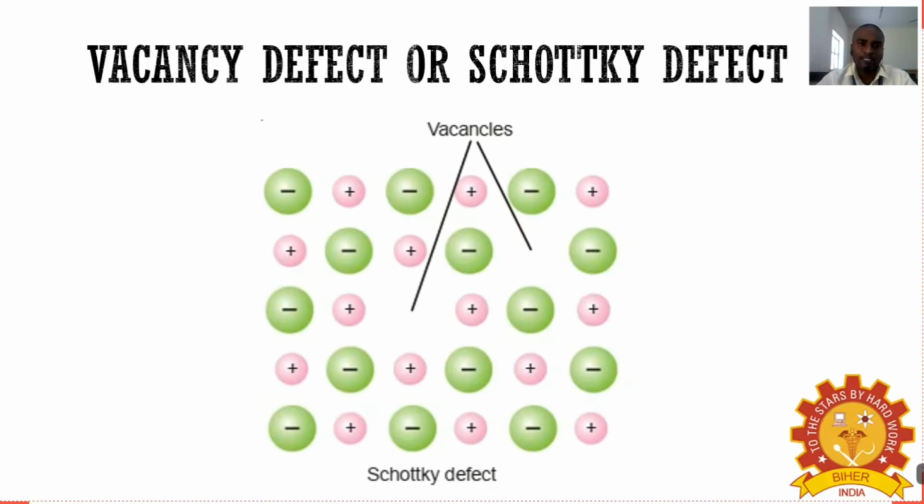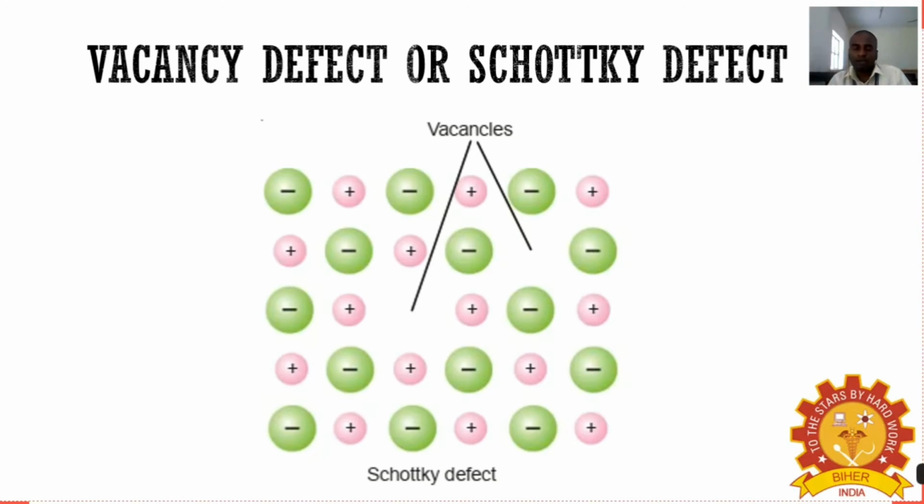At first, we are going to talk about vacancy defect or Schottky defect. You see the figure here, one negative ion and one positive ion missed. In this figure, one positive ion missed, here one negative ion missed. Due to that, two vacancies are formed.